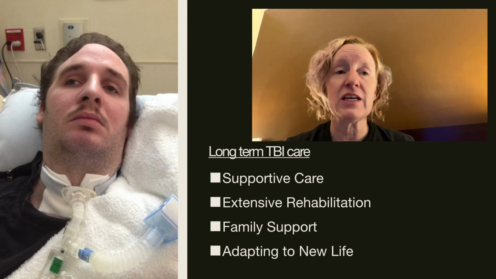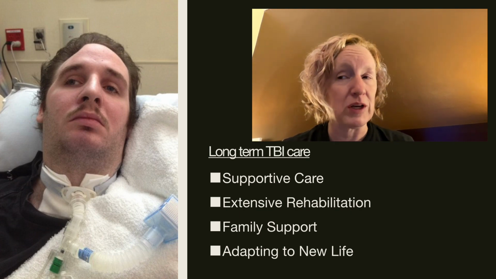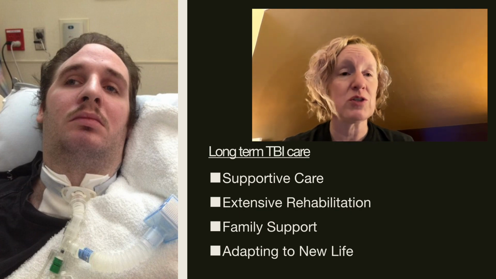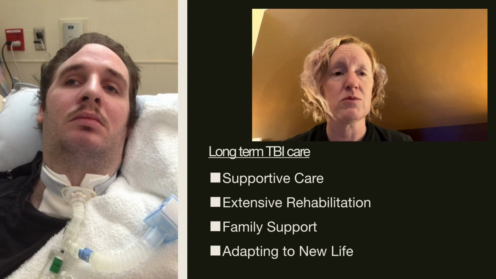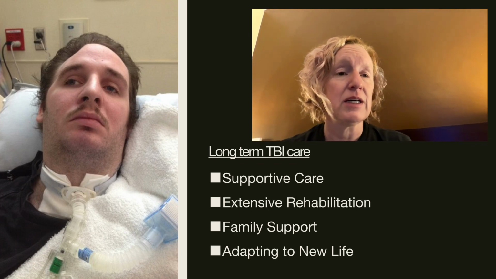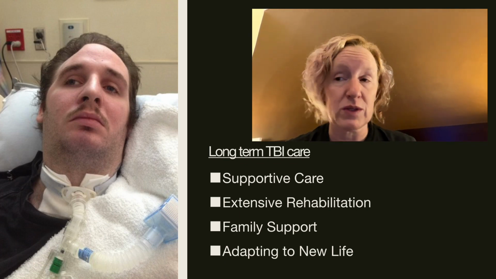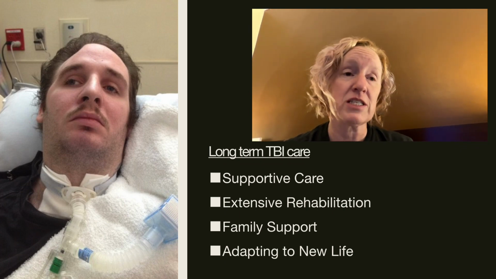So the big thing with our patients with long-term traumatic brain injuries is good supportive care. If we're going to a rehab facility, Madonna is an excellent traumatic brain injury rehab here locally, but there are some really good ones all across that work extensively with those types of injuries.